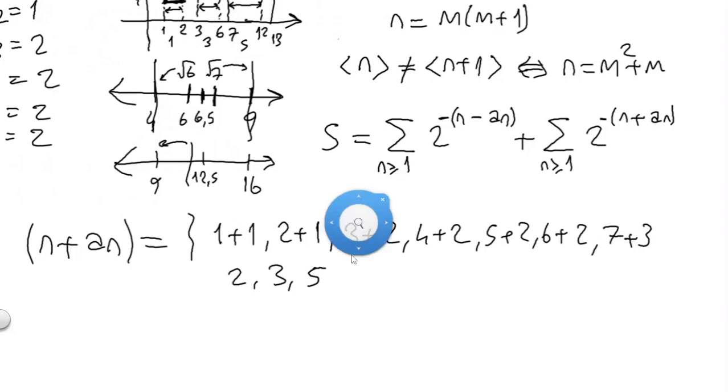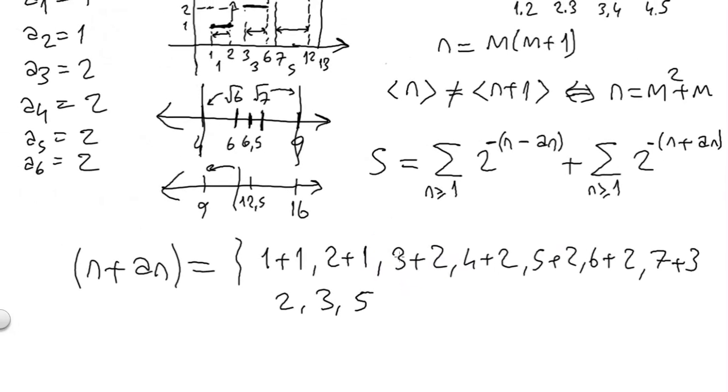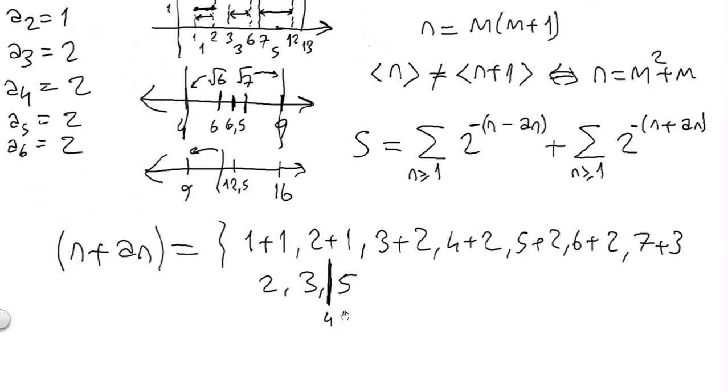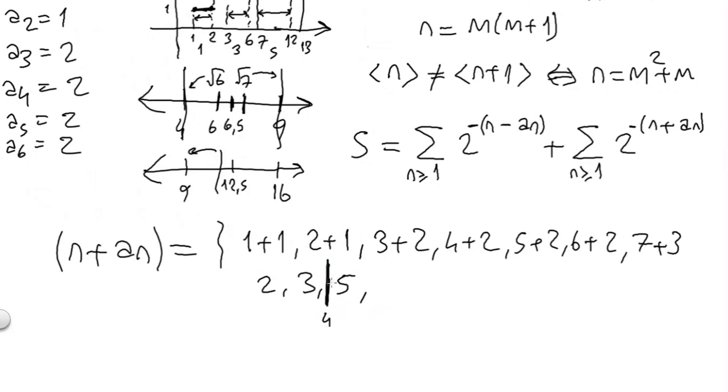I saw that when I leveled up after n is equal to 2, I skipped 4. So this is important. Now if I continue, 5, 6, 7, 8, and 10. So I also skipped 9.